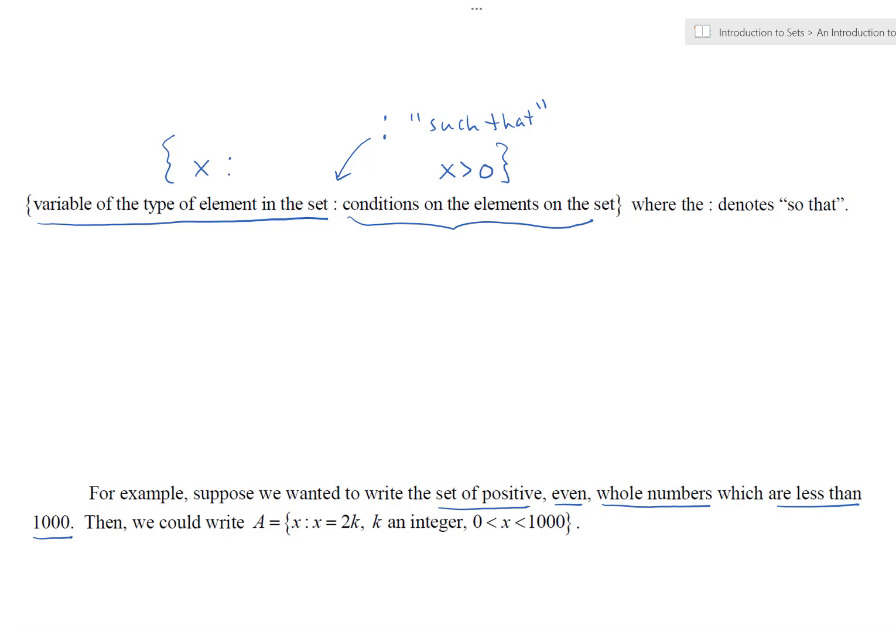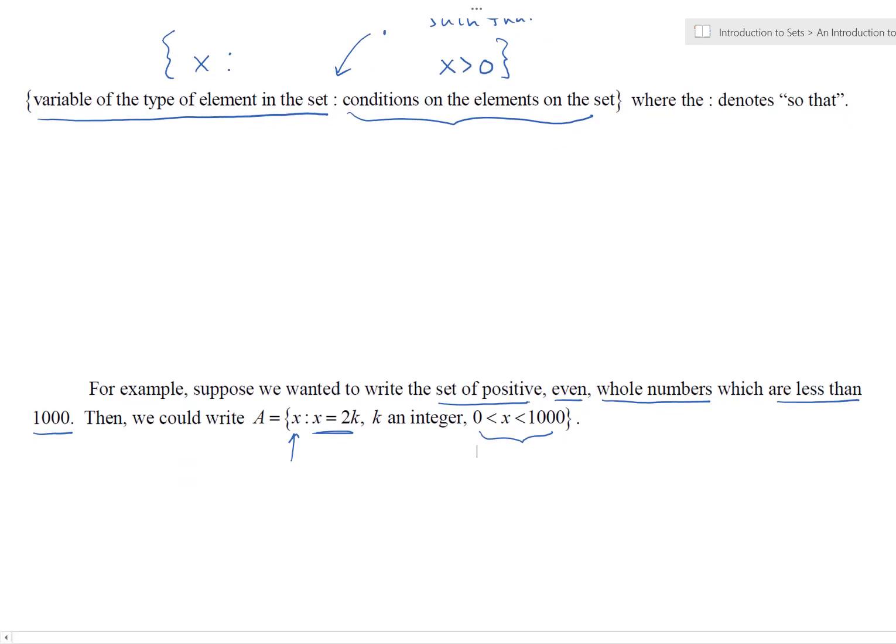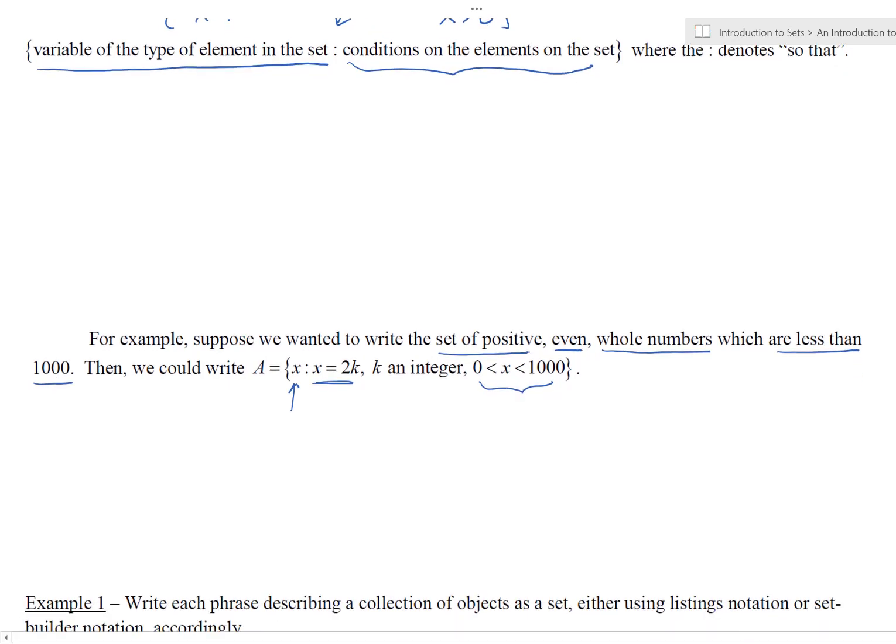Let's give the set a name, A. A is the set that consists of all these x values such that x is 2 times some integer k, where x has to be between 0 and 1,000, but not including 0 or 1,000. The big thing for this notation: write the variable first, a colon for "such that," and then write the conditions on the set. Don't forget to put the braces on both sides.